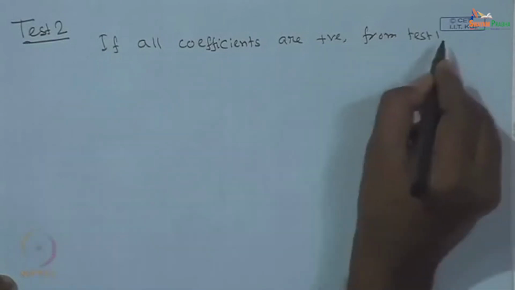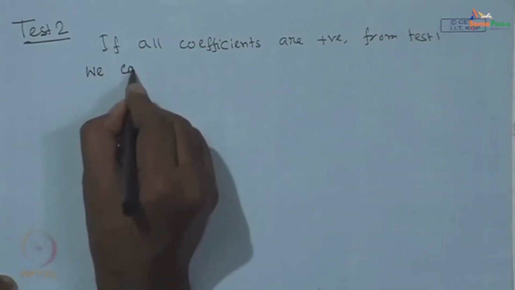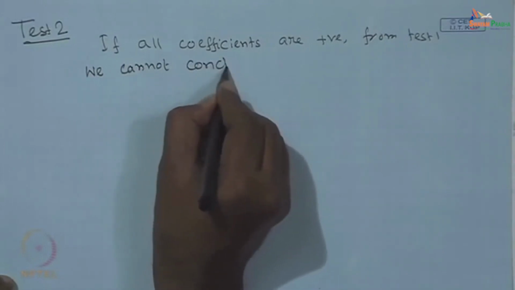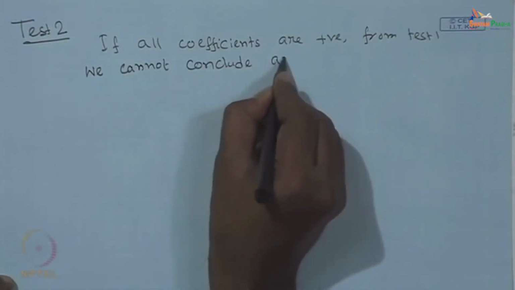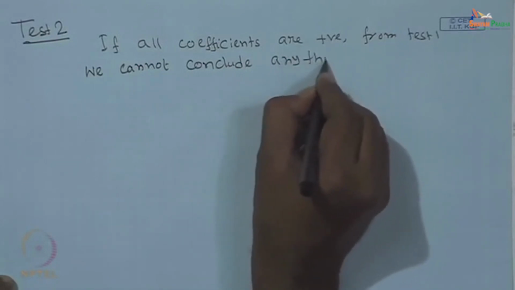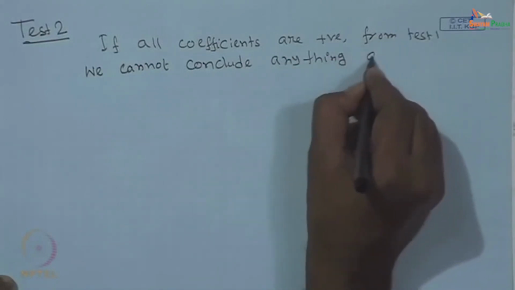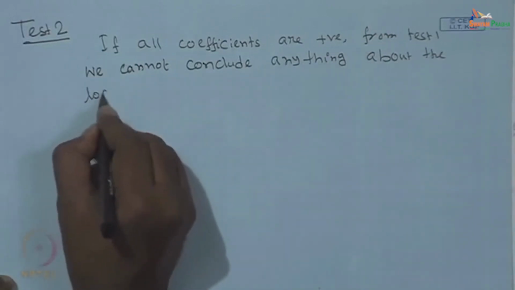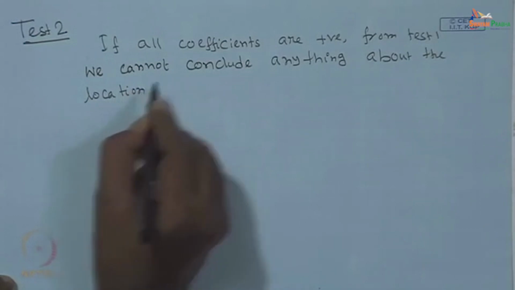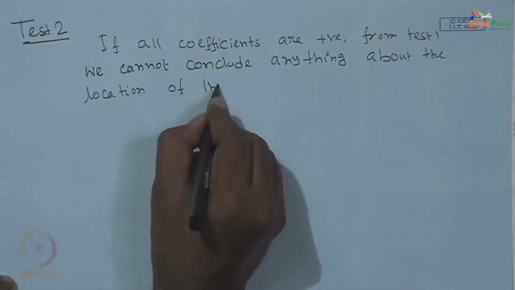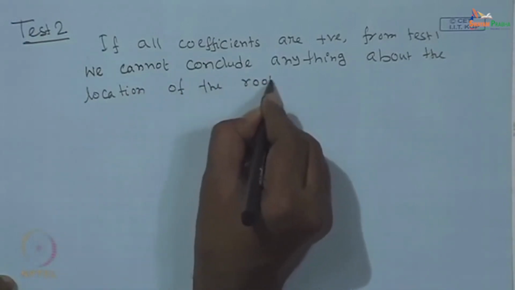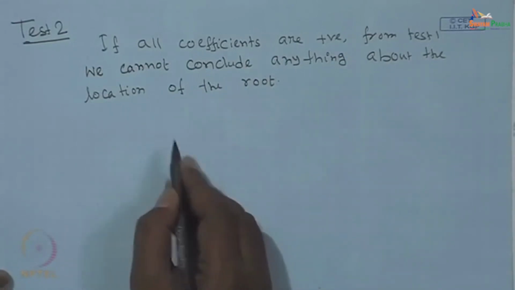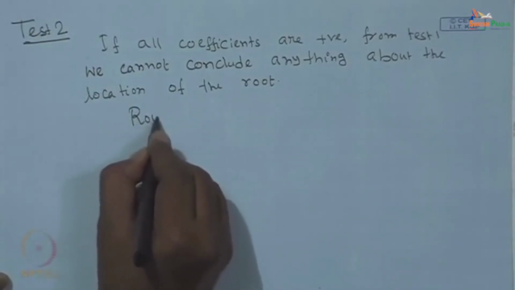From test number 1, we cannot conclude anything about the location of the root. So, for that, to locate the root, one has to form the Routh array.